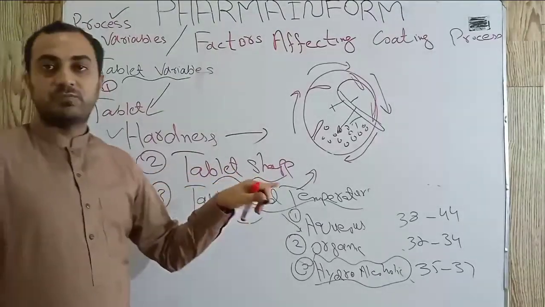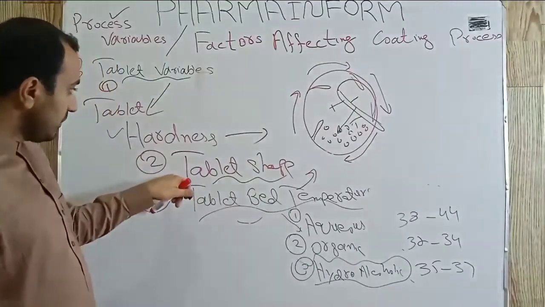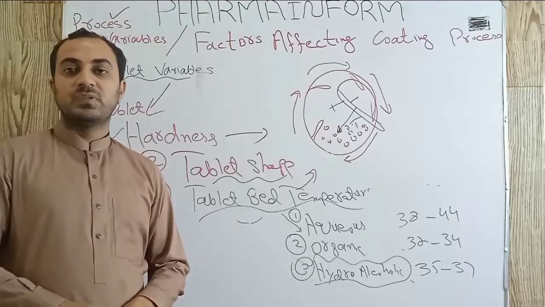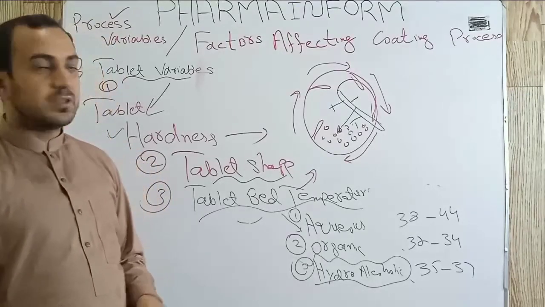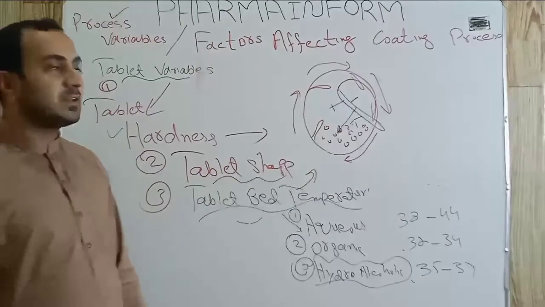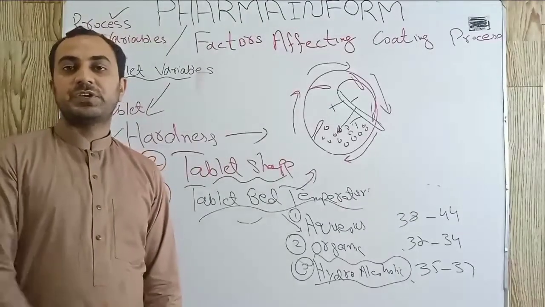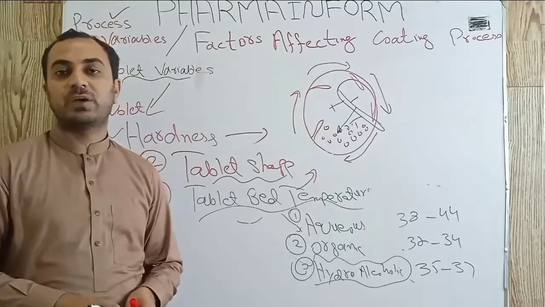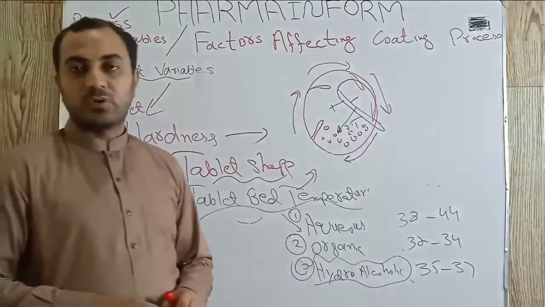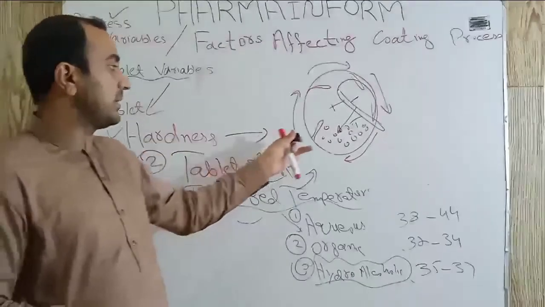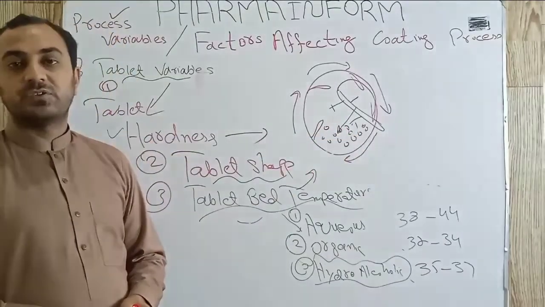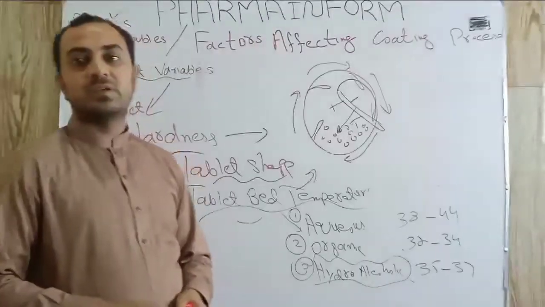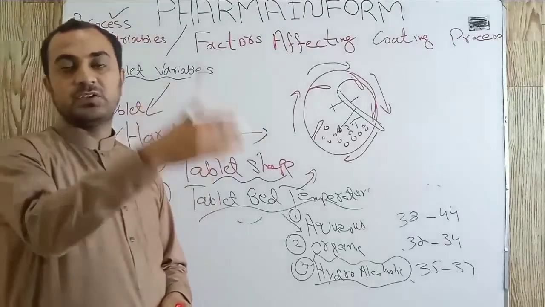As we discussed in sugar coating, we use only round shaped tablets, but for film coating we can use different shapes and sizes of tablets. We can apply a film coat on round tablets as well as on oblong tablets, caplets, or tablets of different dimensions. But if we use round tablets, they rotate easily.